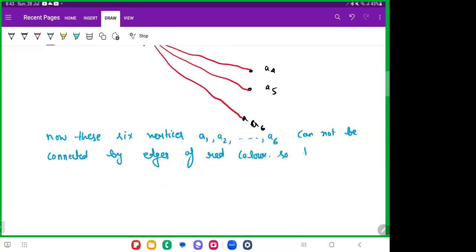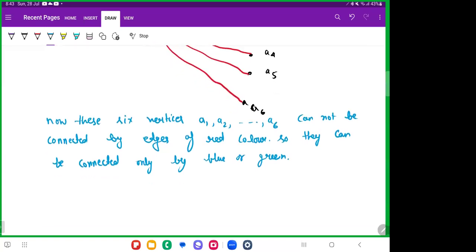So they can be connected only by blue or green. Oh, this gives a contradiction, right? What contradiction? Can you see?